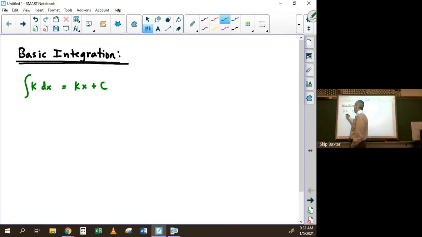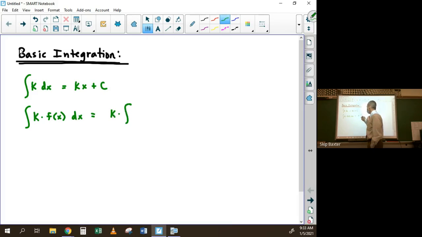The integral of k times f of x, the constant multiple rule, is just k times the integral of f of x dx. So you can just consider the constant to be outside the integral, just like with derivatives, right? If you have a derivative of a constant times a function, it's like the constant times the derivative of the function. Same thing goes for addition and subtraction.